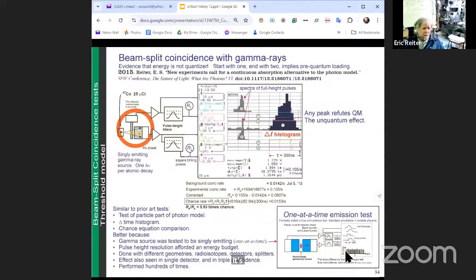Look at the experiments that are famous for showing quantization and the probability interpretation, the most famous experiments for this, that they laud all over the place. These experiments are well referenced. They predict chance by quantum mechanics. And I'm showing it doesn't do that if you do it with gamma rays, and no one else has tried that.